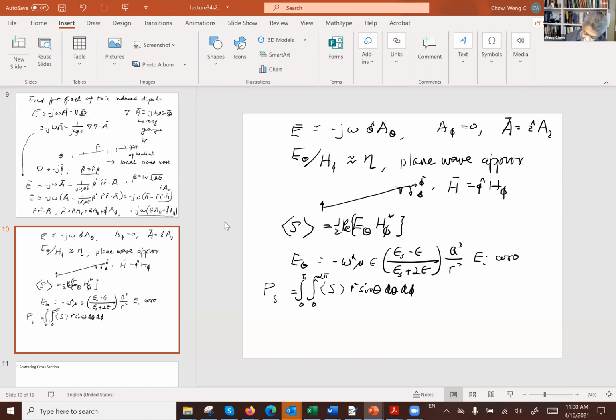And then you can plug in this value of E theta H phi, and you can actually work this out quite easily. You will find that the power scattered is proportional to 4 pi over 3 eta times epsilon s minus epsilon over epsilon s plus 2 epsilon.